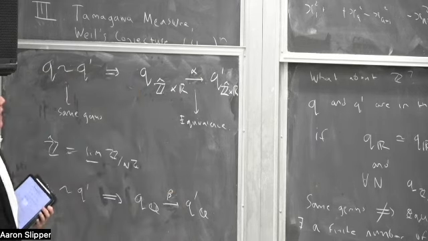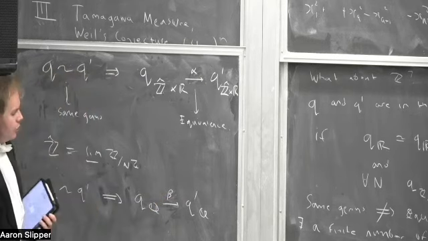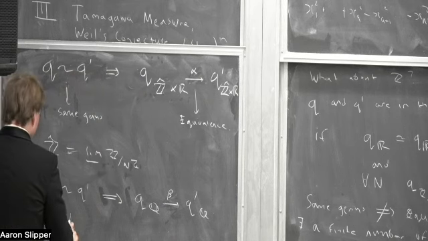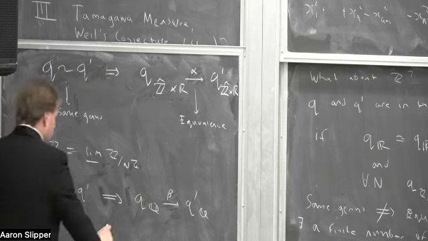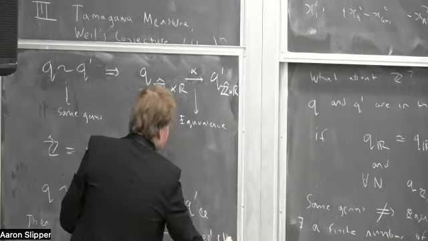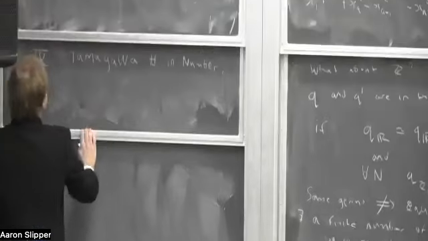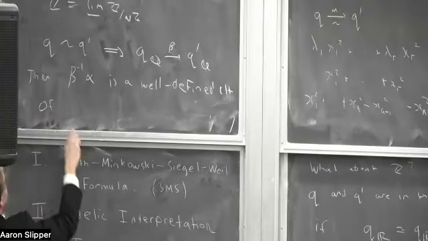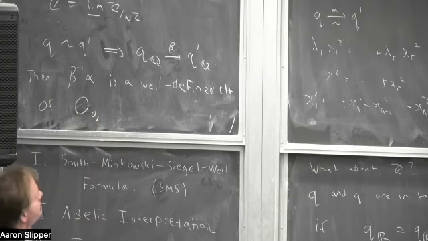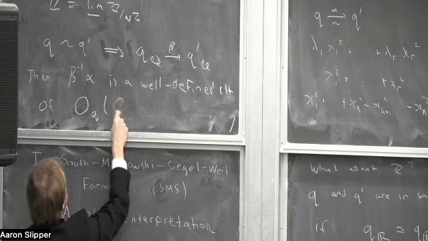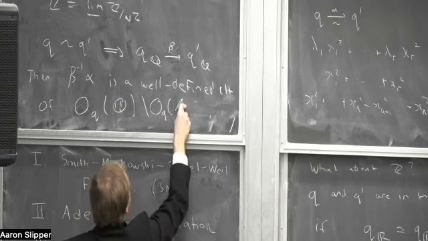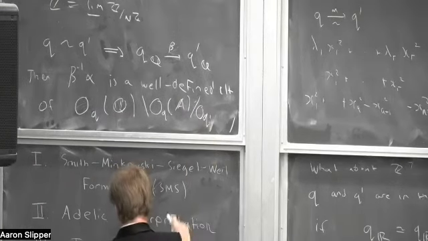So alpha is in GL_n of Z hat times R, and beta is in GL_n of Q. What we find is beta inverse alpha is a well-defined element of the following double quotient, mod O_Q, A mod O_Q Z hat times.